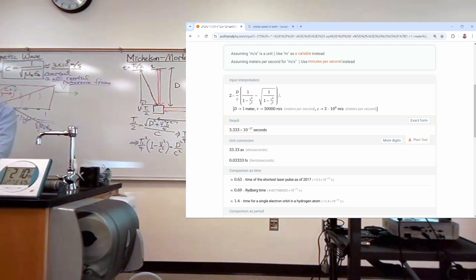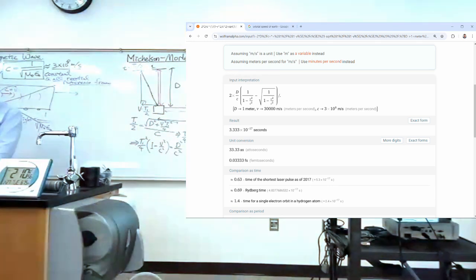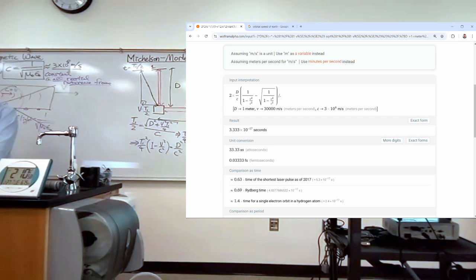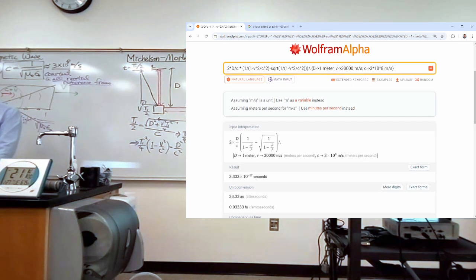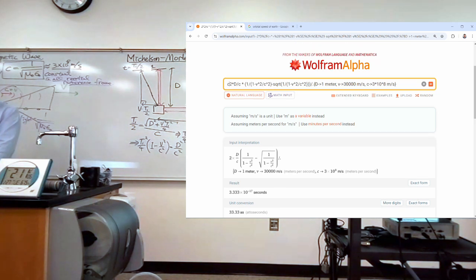That doesn't sound like a lot of time. In fact, that sounds awfully short. Let me try converting it to wavelength, because wavelength is what I have intuition for. It was 3 times 10 to the minus 17 seconds, right? Wavelength is the speed of light divided by frequency, or speed of light times the period.